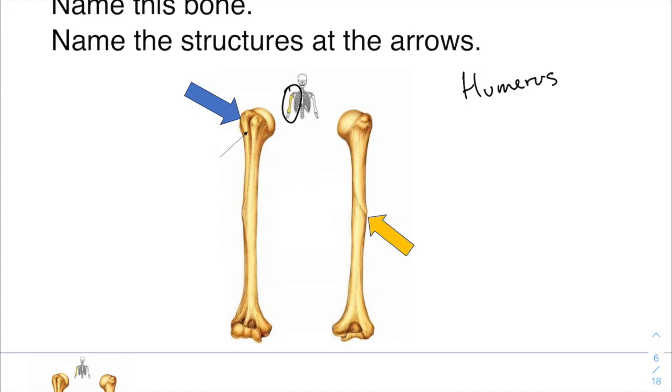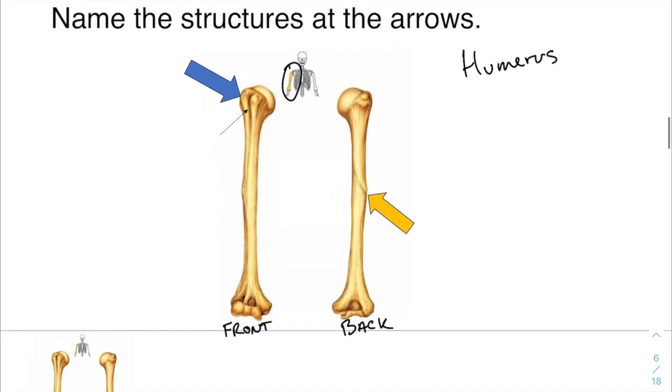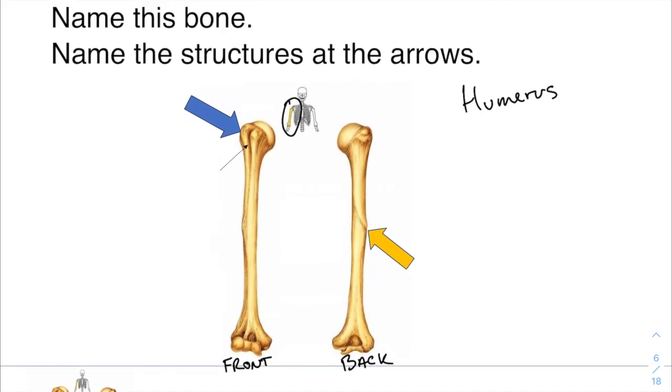And what we're looking at on this side is the front of the right humerus, and this is the back of the right humerus. So this is what you should see if you're looking directly at the right humerus from the front and the back. So there's a few landmarks that you want to pay attention to there, but for us, we'll just be focusing on what's been labeled here because that might be more relevant for the upcoming exam.